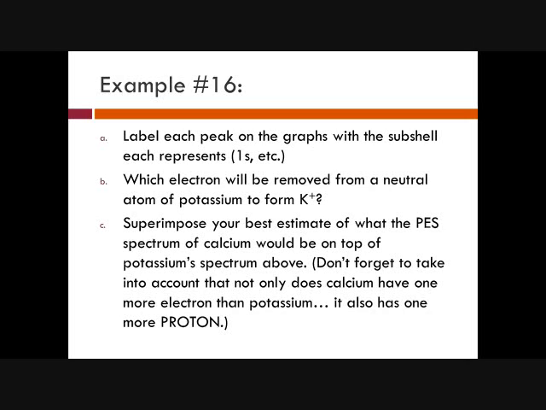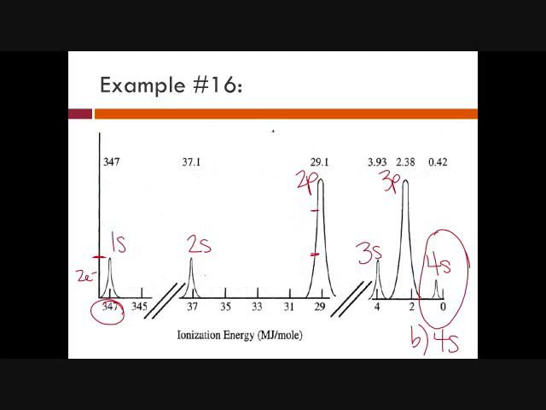So that slightly changes where the peaks are located based on ionization energy, okay? So we're not going to draw the peaks on top of the other peaks. They'll be close to them, but not on top of. Do you think having another electron and another proton will take more energy, so they should be shifted a little right, or less energy, so they should be shifted a little left?